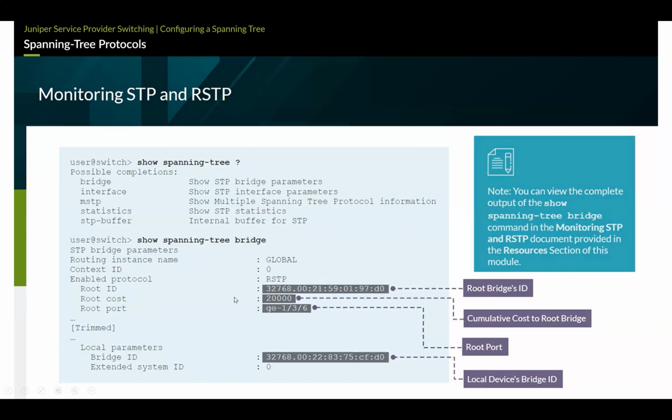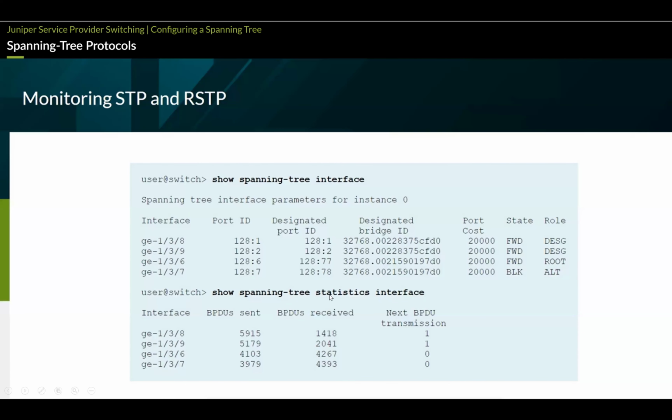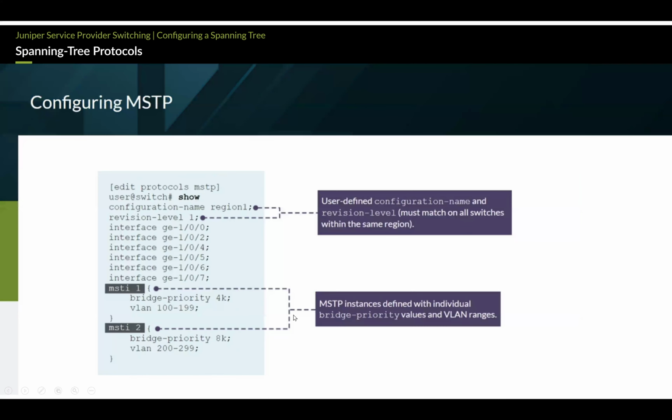Okay, that is very important. Spanning-tree statistics will show you BPDU details, whether they are receiving or not. Show spanning-tree interface basically shows you port state and port cost or priority.